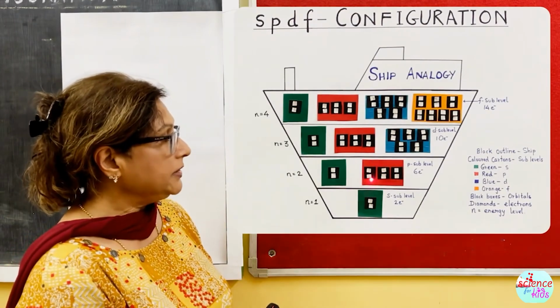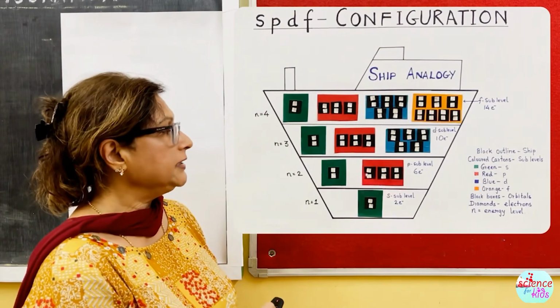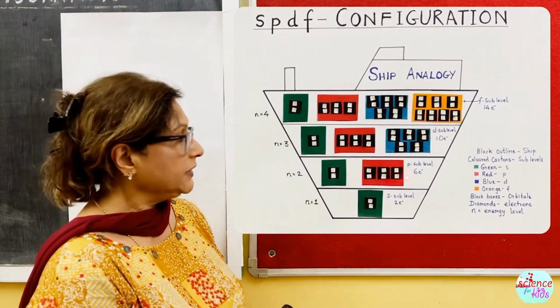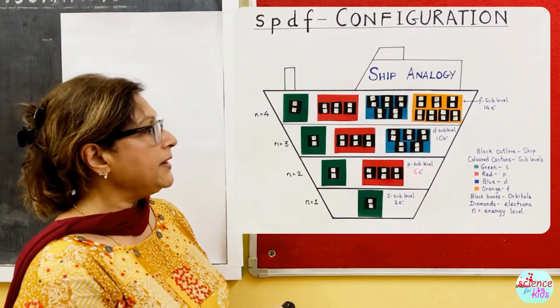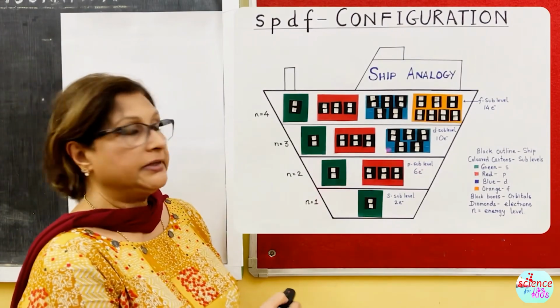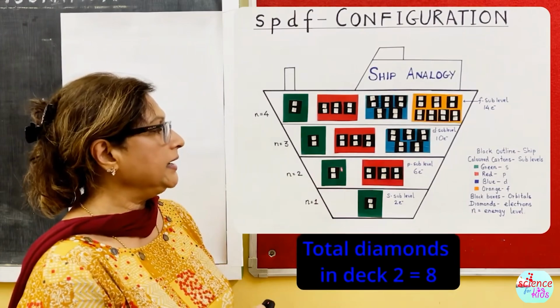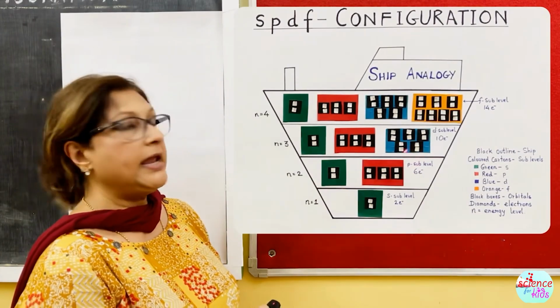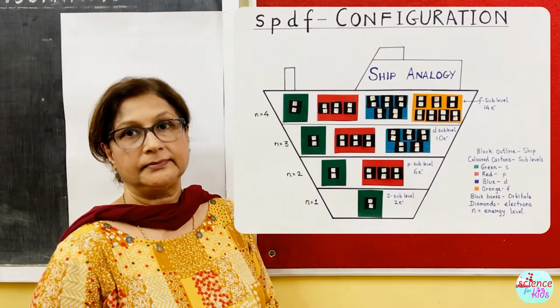Each box can hold 2 diamonds, so a total of 6 diamonds this red box can hold. So 6 in the red box and 2 in the S box. So a total of 8 diamonds could be stored in deck 2.